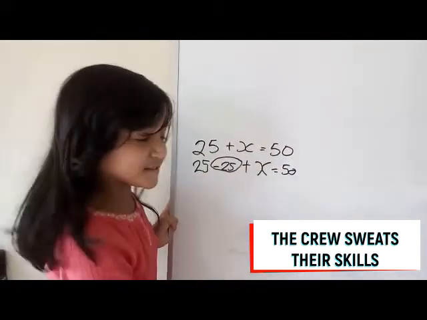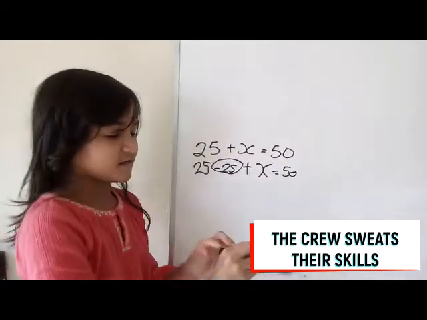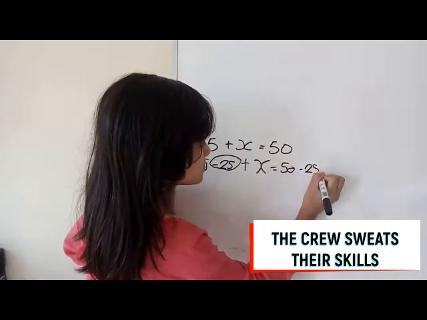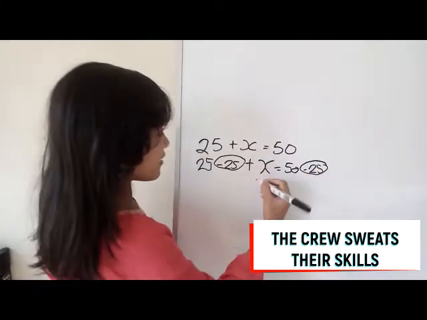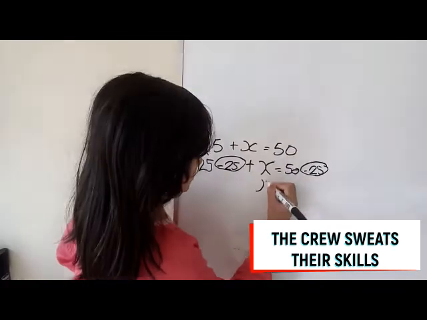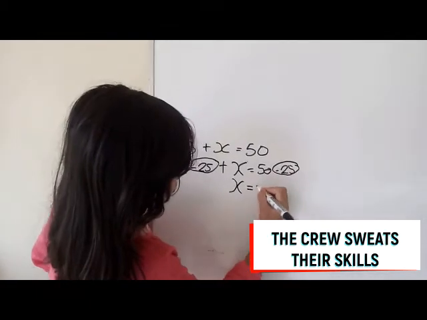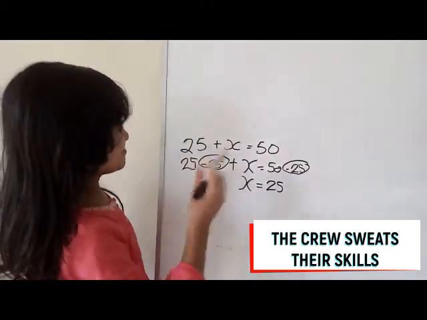But the twist is, what you do on this side, you have to do on this side. So, minus 25. Well, 50 minus 25 still equals 25. And that's pretty much it.